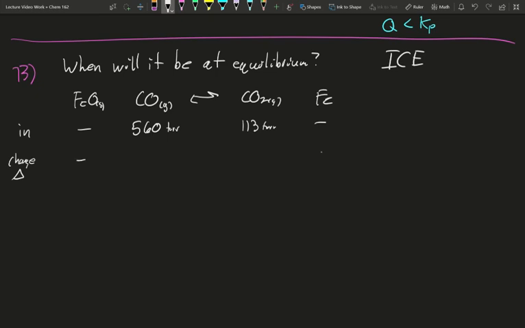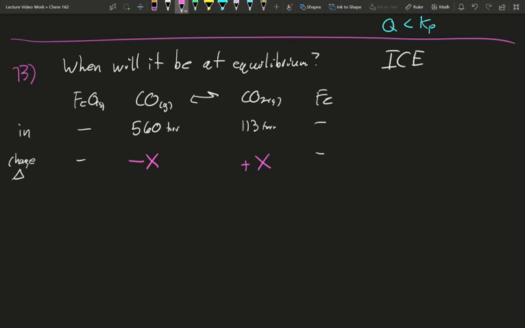I'm not concerned with our iron species as their concentrations aren't altering, but carbon monoxide, well, if we're still proceeding towards products, we're going to use up starting material. So I must lose some amount of my starting material. Since I'm proceeding towards products, I must make some amount of product.